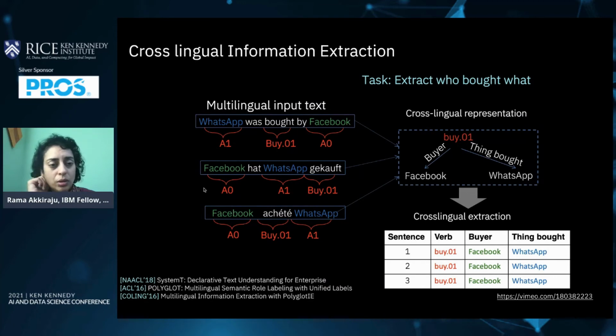There are multilingual aspects even here too. So here is another example. WhatsApp was bought by Facebook, and then in different languages, whether the subject versus object versus the predicate, the order in which they appear will change, and still the system is supposed to, in the end, from all these three different sentences, arrive at the exact same grammatical structure: that the verb is buy, the buyer is Facebook, and the thing that's being bought is WhatsApp, right?